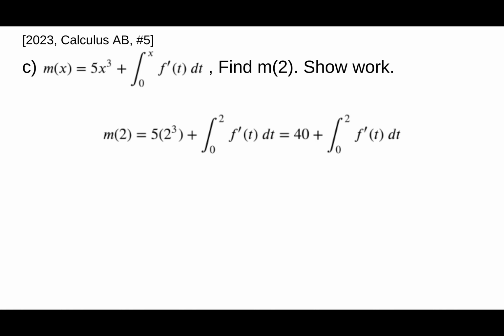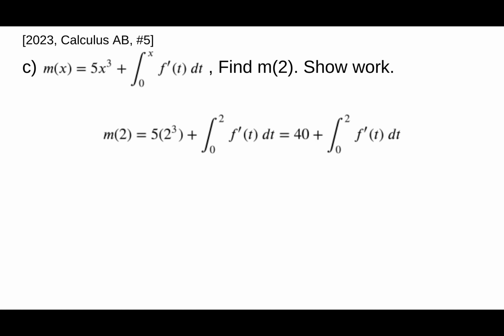Now, what's interesting about this part of the question, and maybe a little tricky, is we don't actually know what f prime of t is. So how do we find its antiderivative? Well, we don't actually have to. This question is a straight-up application of the fundamental theorem of calculus. Whatever the integral from 0 to 2 of f prime of t dt is, it is the antiderivative value at 2 minus the antiderivative value at 0.